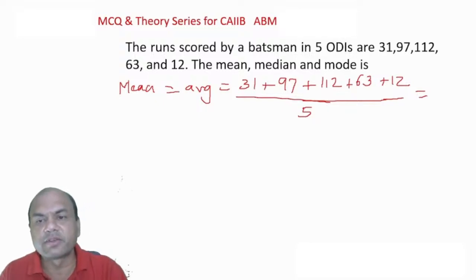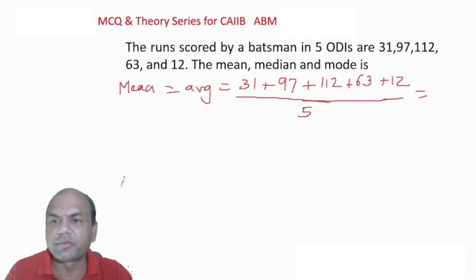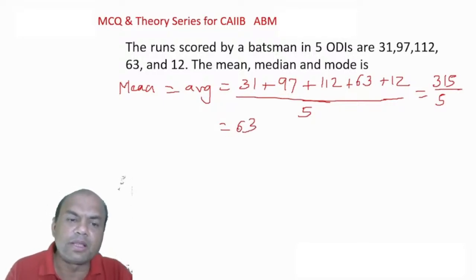So total is 315. 315 divided by 5. That is what? 63. 63 is my mean, right? Mean is 63. Median. What about the median then?